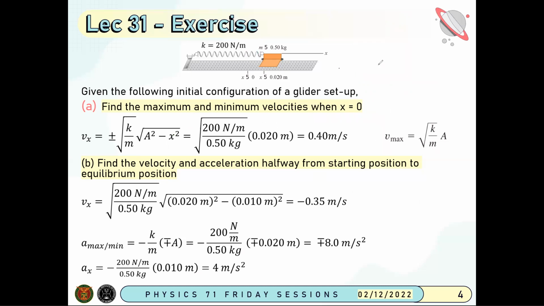Kasi, yes, diba, ito yung x equals 0, ito yung equilibrium, dito siya nag-start, 0.02, right? So alam natin at halfway, yung glider is moving towards that side, right? So from this initial position, halfway, nag-move siya to the left, which means negative yung direction.